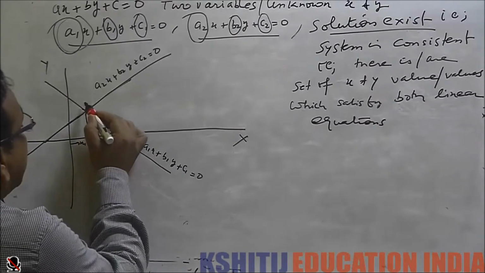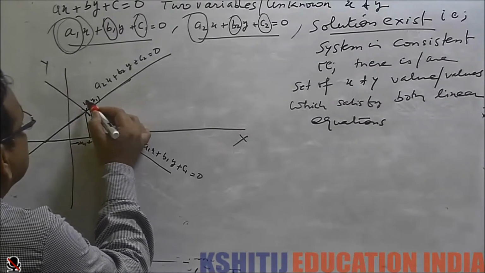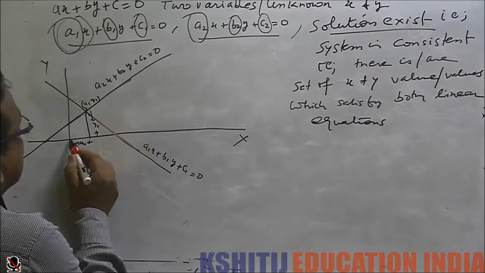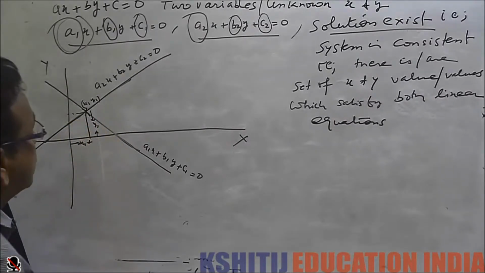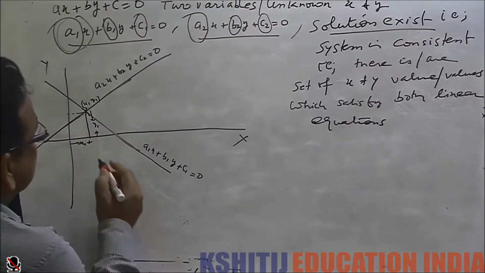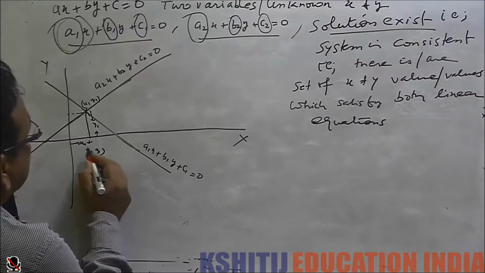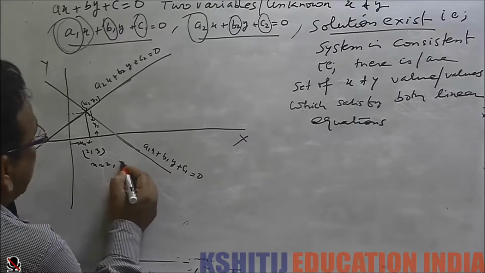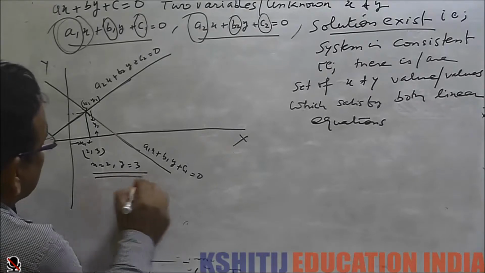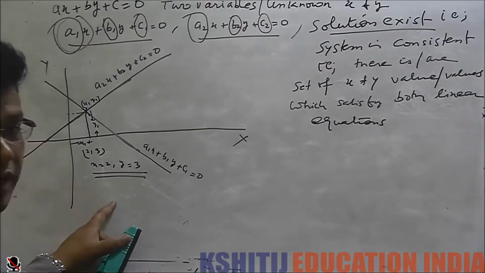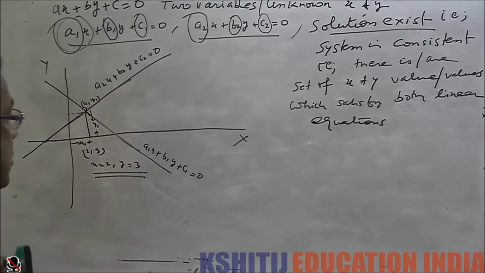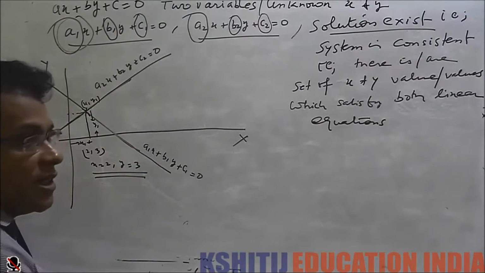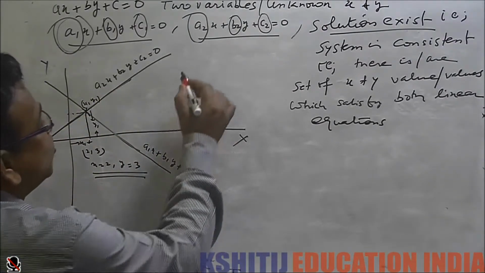So this x1 and y1, this and this value, let's say 2, 3, x is equal to 2 and y is equal to 3. So this set of values satisfies both the equations. Then we call it a unique solution.